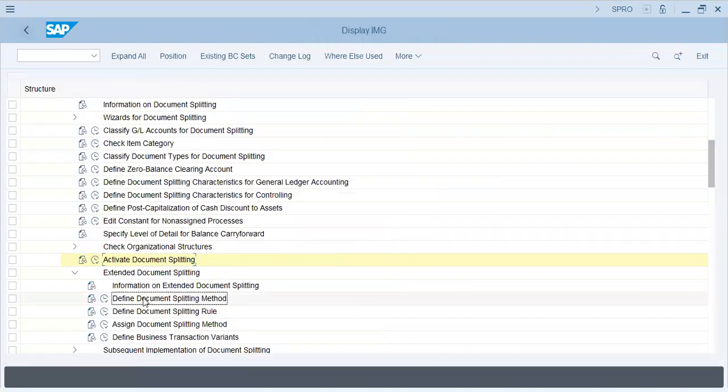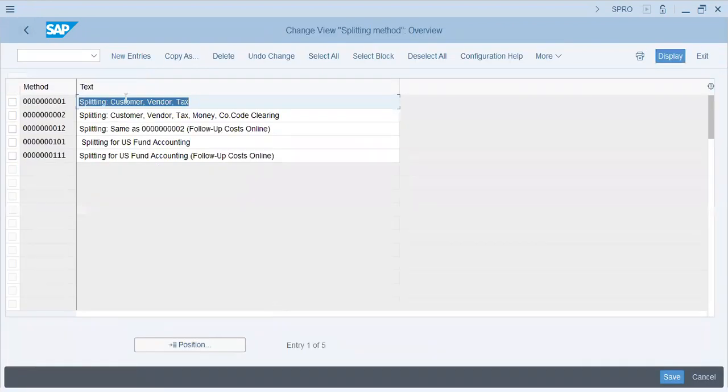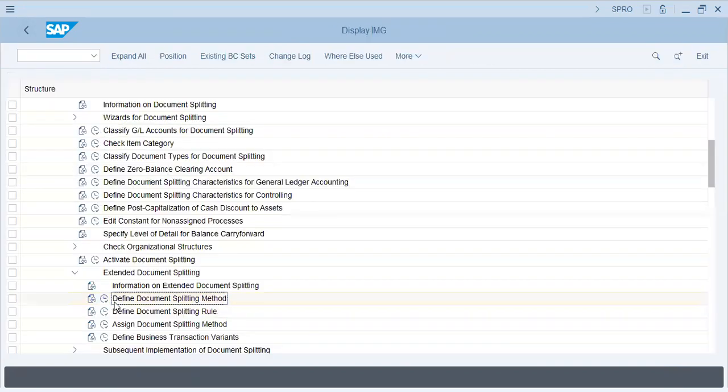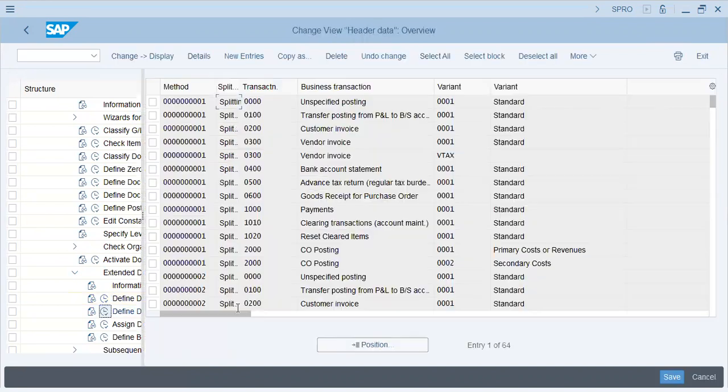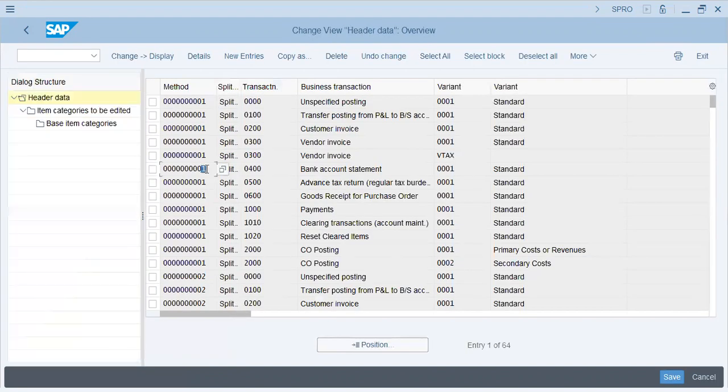Okay. That is done. Now we will define document splitting method. 01 or 02 customer vendor tax company code clearing. We will use 01. It is by standard. Defines splitting rule. Splitting rule is 0, 1, which we will use on vendor invoice.